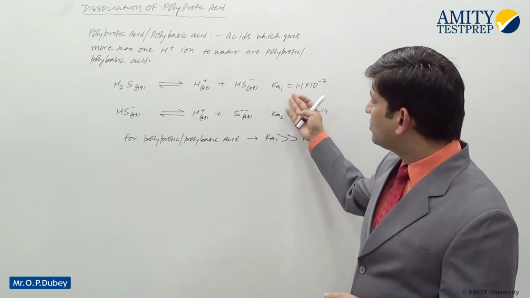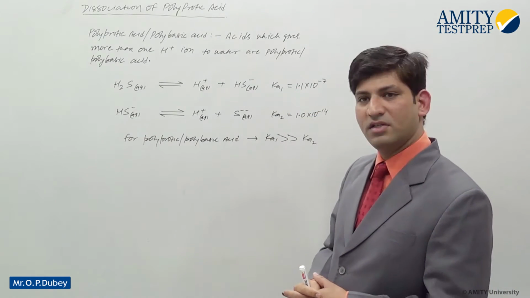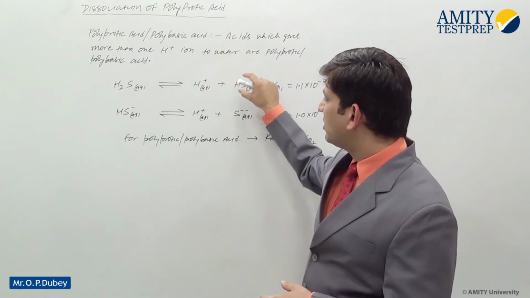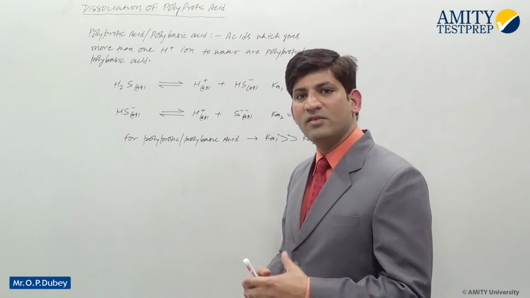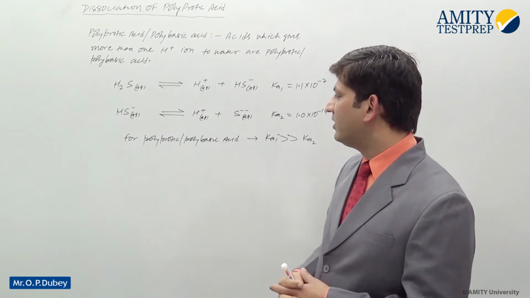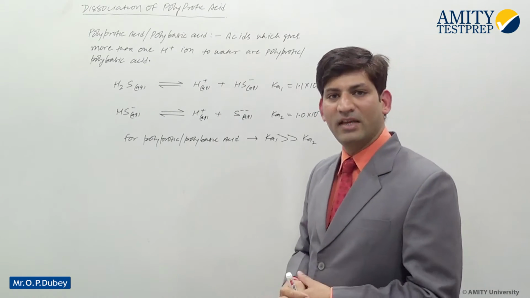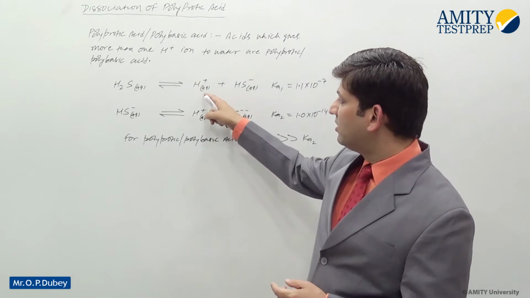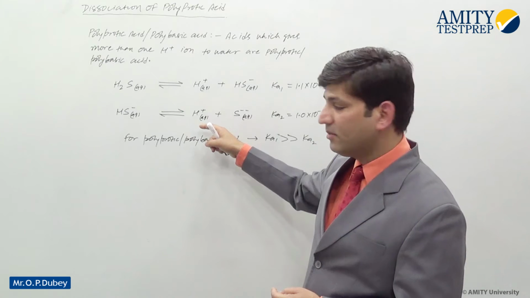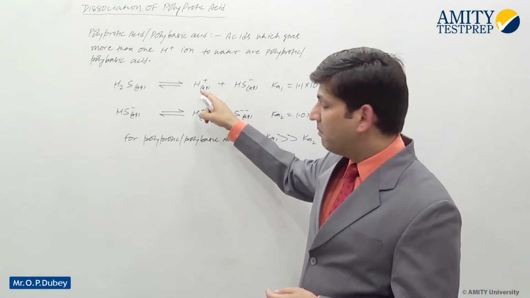Since the first dissociation constant is much greater than the second, the concentration of the cation and anions produced in the first step is much greater than in the second step. H plus ion is produced in the first step as well as in the second, but its concentration in the first step is much greater.